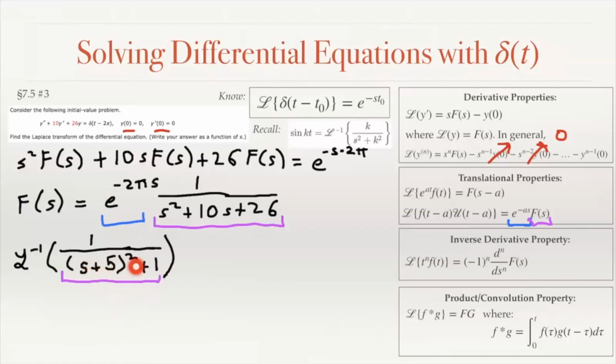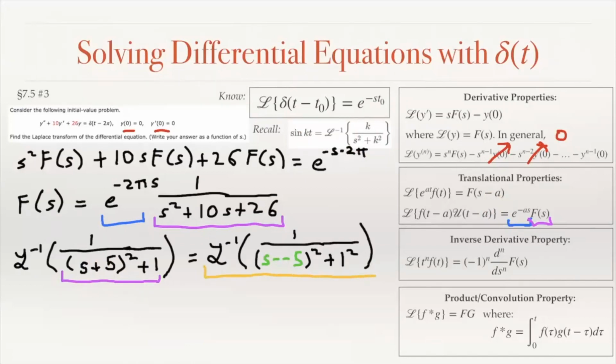And that makes it look like our Laplace transform of sine. It looks something like k over s squared plus k squared, except translated. So that is 1 over (s minus negative 5) squared plus 1 squared. And now for this, we use our first translational property, where that is therefore e to the negative 5t times sine of 1t.